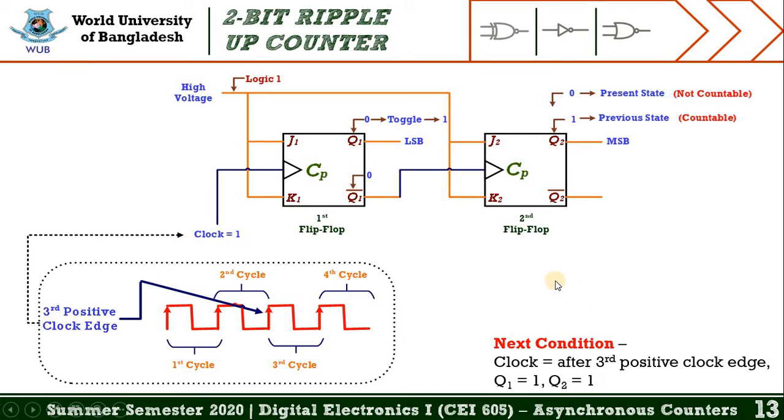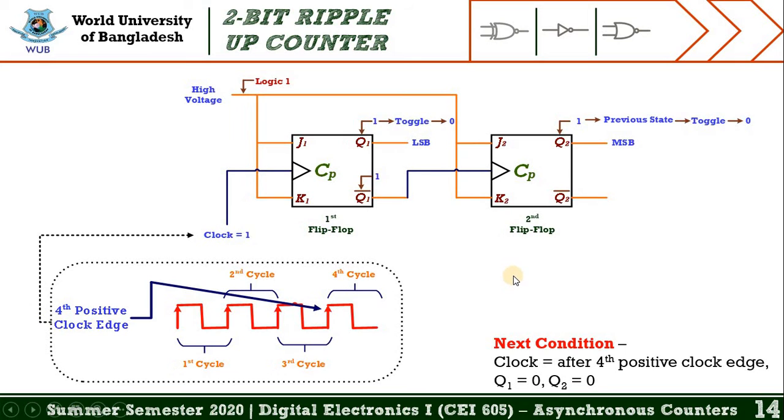So let's move into the next slide to explore the last condition of this counter. This slide represents the last condition of this type of counter, which means the fourth positive clock edge is applied at the clock pulse. That's why the value of clock is 1.